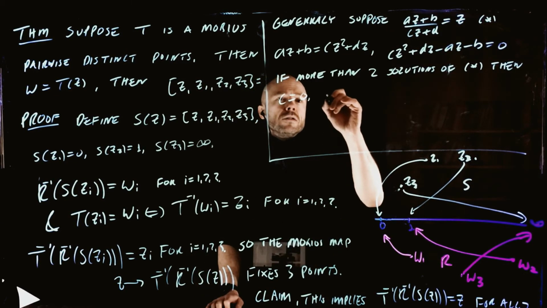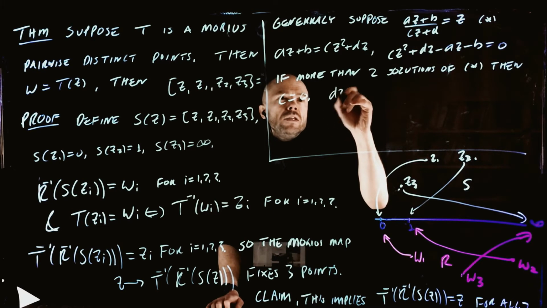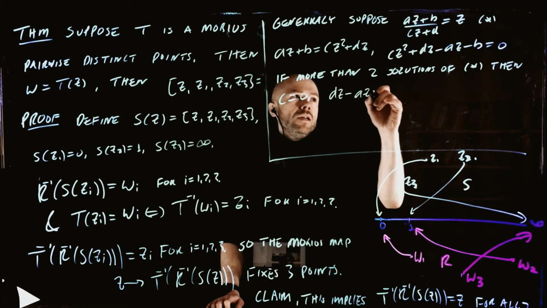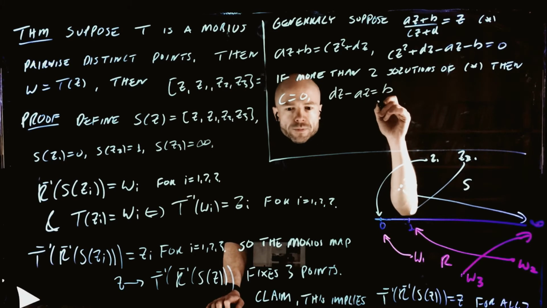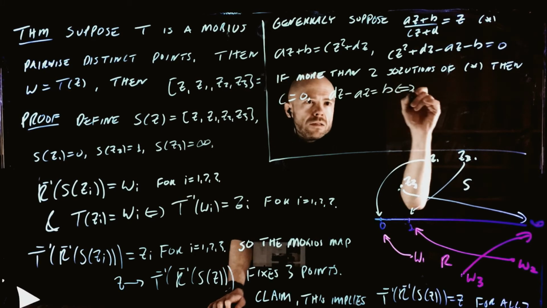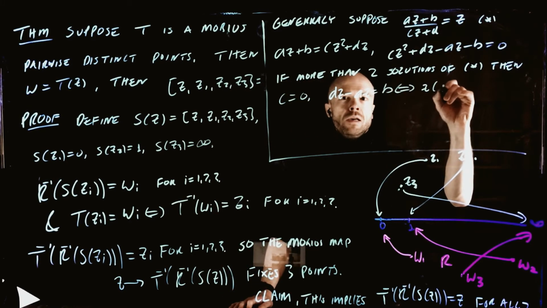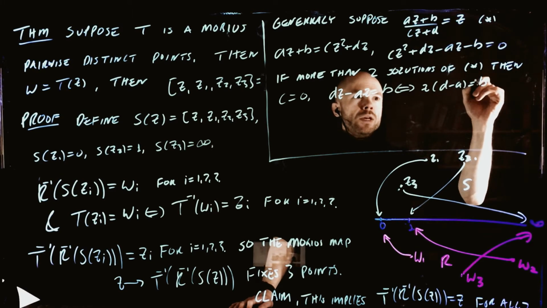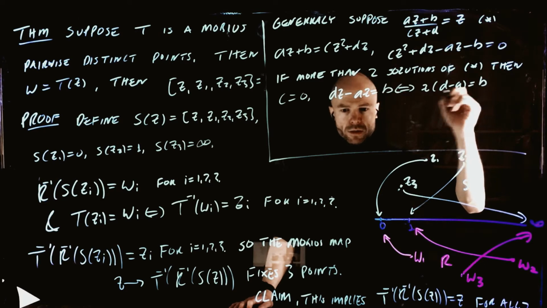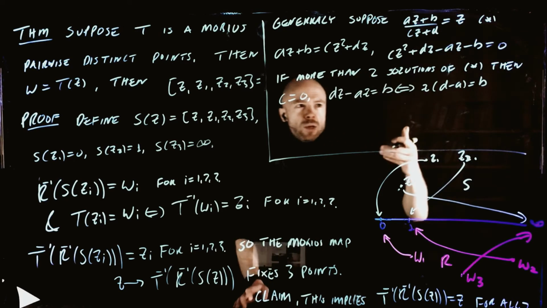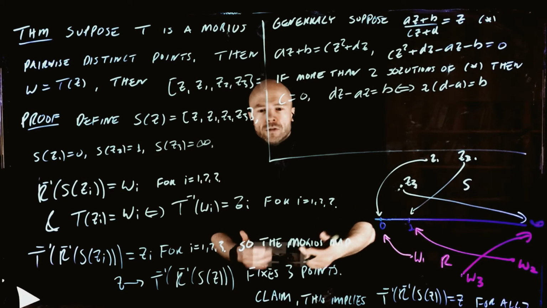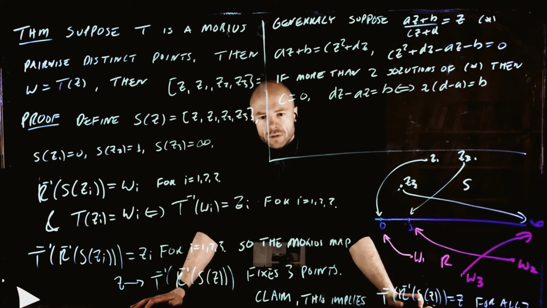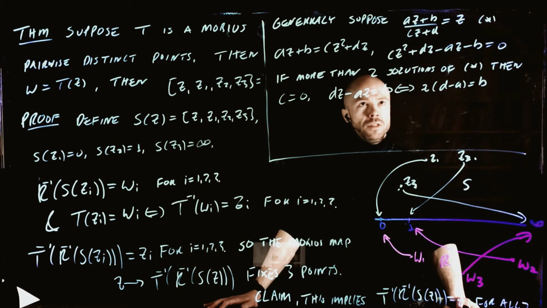And therefore, the equation is dz - az is equal to b, okay, which is the same as z(d - a) is equal to b. Yeah? So, in what way can we have more than 2 solutions of this equation? How is that possible? If d equals a, everything satisfies.